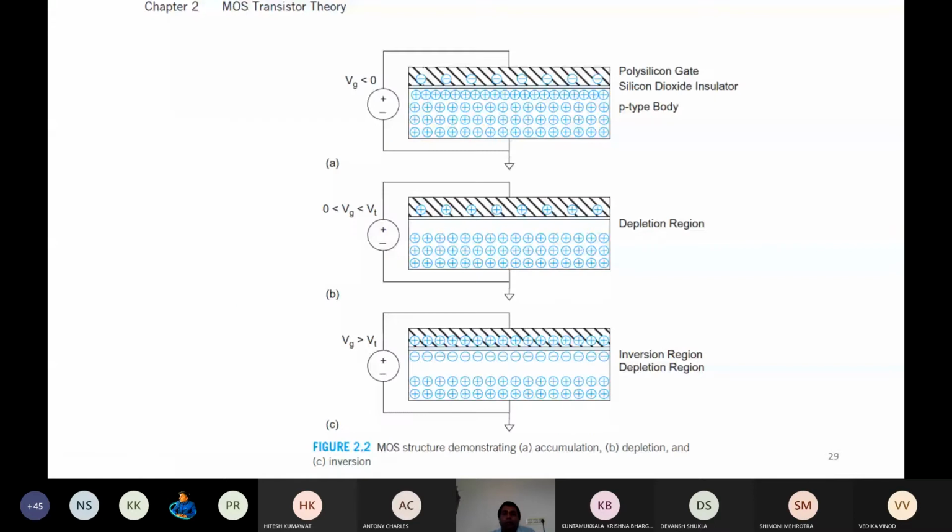So this pictorial view of the same operation we can quickly recall, because whatever we discussed can be summarized in a very quick manner with a pictorial view.